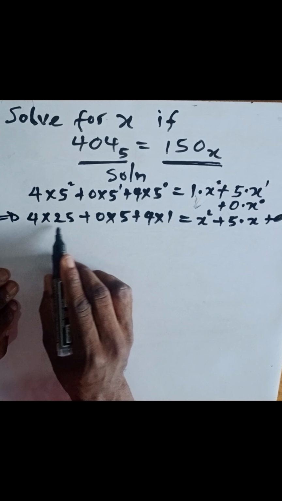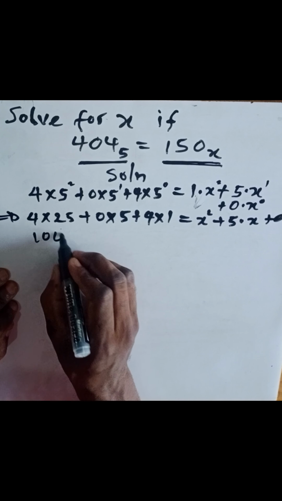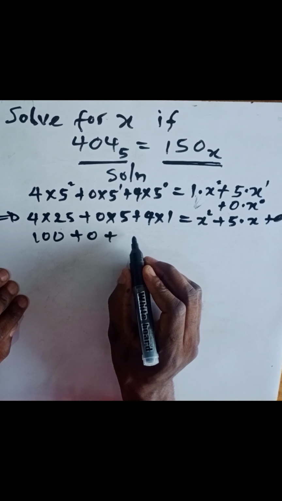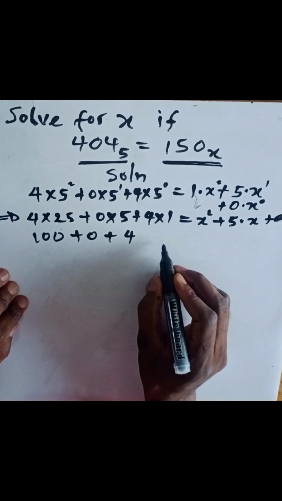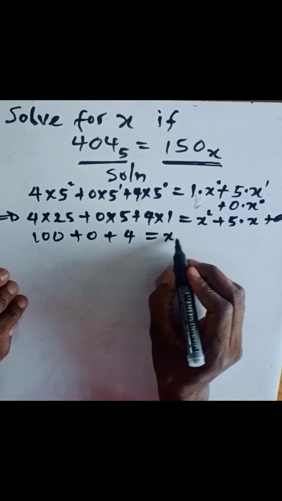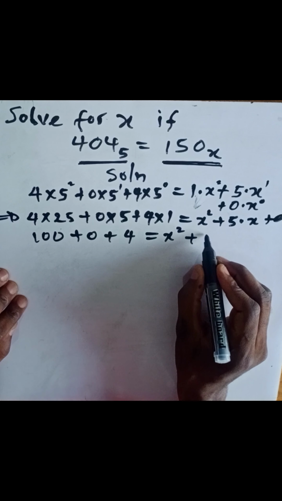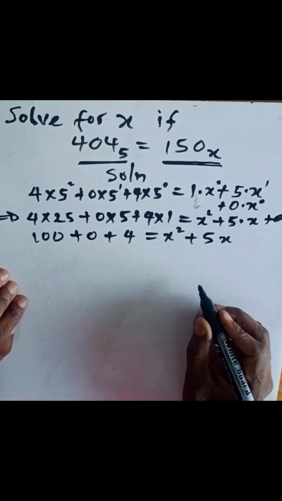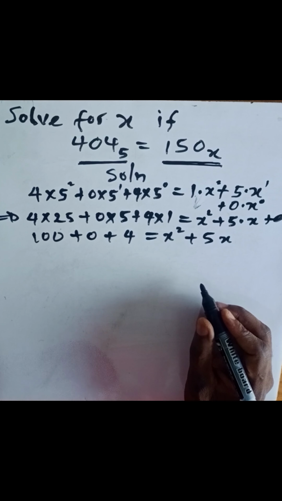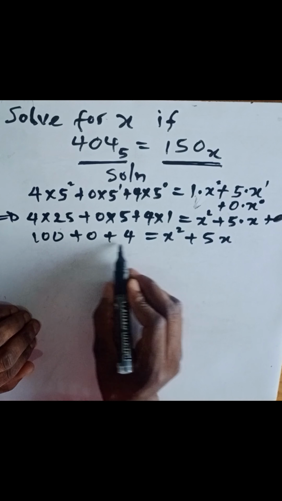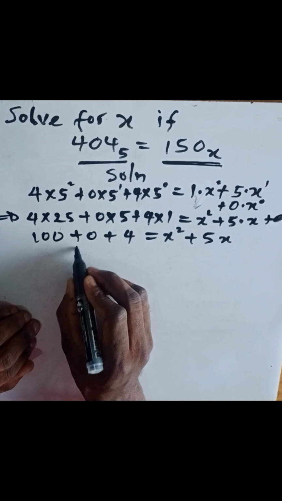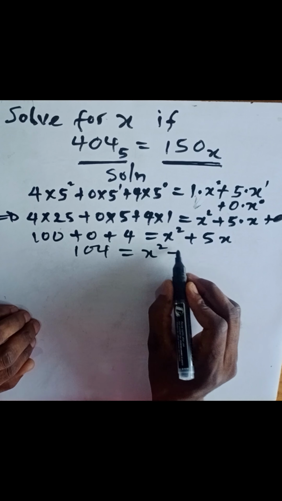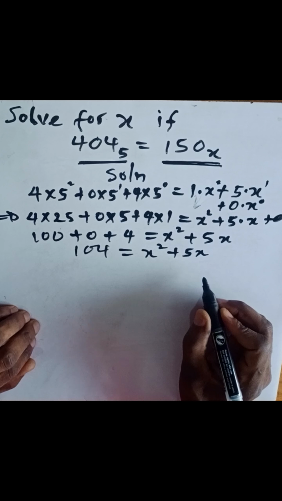So 4 by 25 gives us 100, plus 0, plus 4, equals x squared plus 5x, that is 5 multiplied by x, plus 0. Alright, let's sum this up. So we have 104 equal to x squared plus 5x.